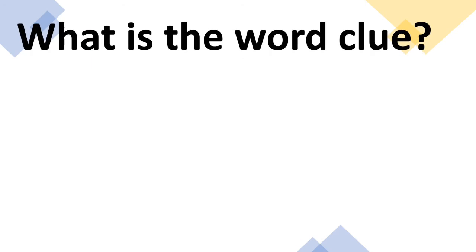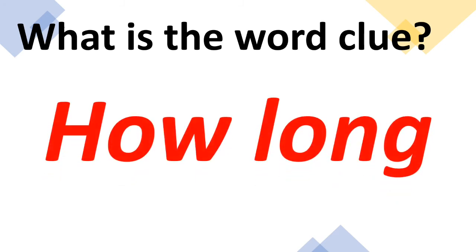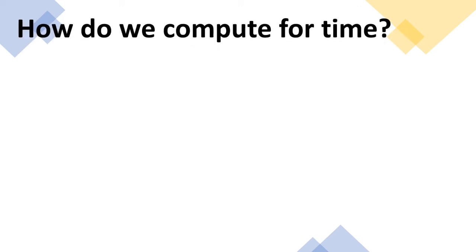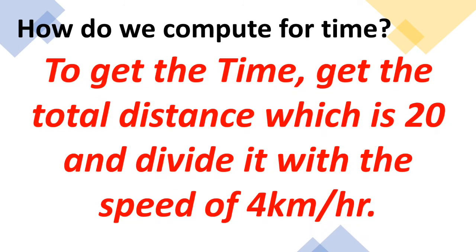And what is the word clue? Very good. It is how long. So how do we compute for time? To get the time, get the total distance, which is 20, and divide it by the speed of 4 km per hour.